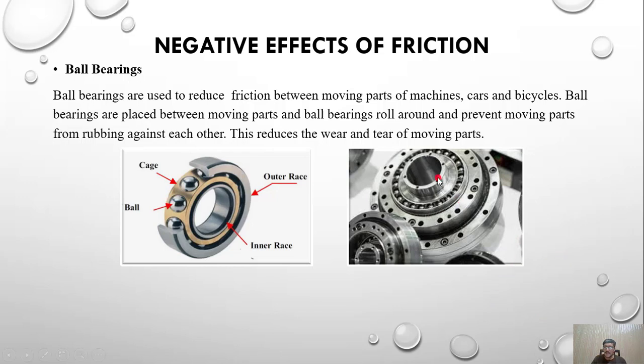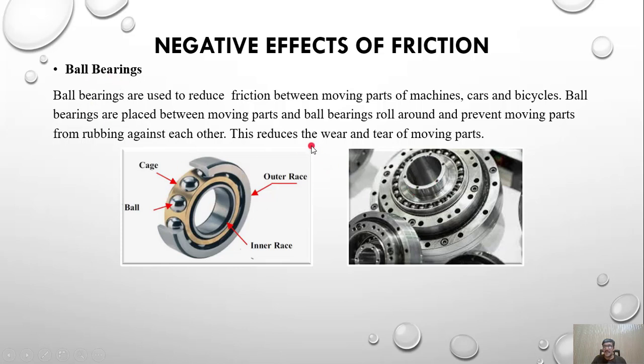If you see here, we have balls which are fitted in between the outer race and the inner race. So they help in the reduction of the negative effect of friction. So this is one way that you can reduce negative friction by the use of ball bearings.